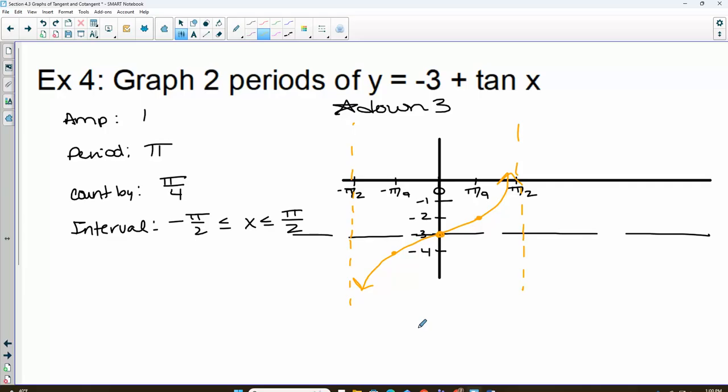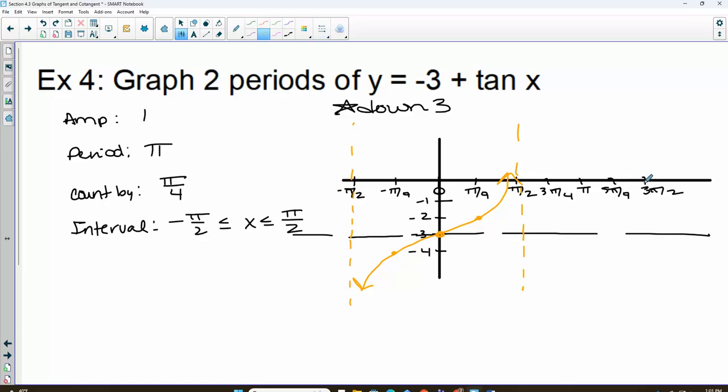Now this time I did ask for 2 periods. How do I make this 2 periods? 4 more points. We just keep adding our count by. So 3π/4, pi, 5π/4, 6π/4, so 3π/2.